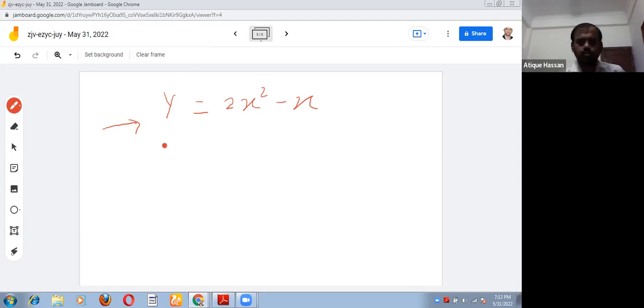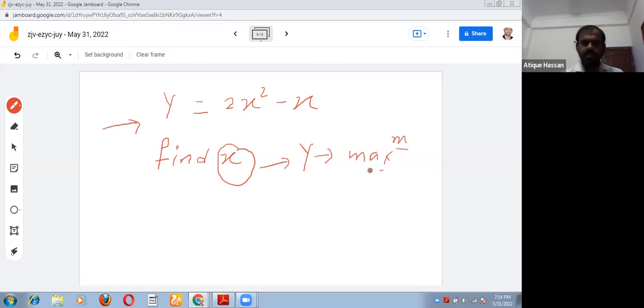Now you have to find x such that y is maximum. You might have come across such questions earlier in class 11. You have to find the value of x such that y becomes maximum. Are you getting my point?